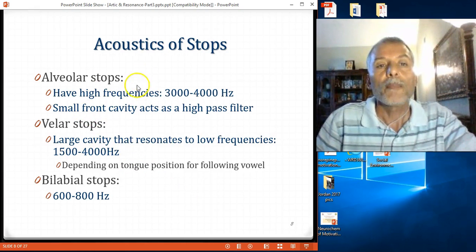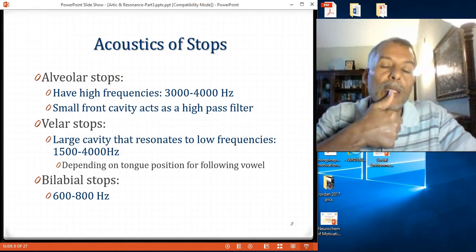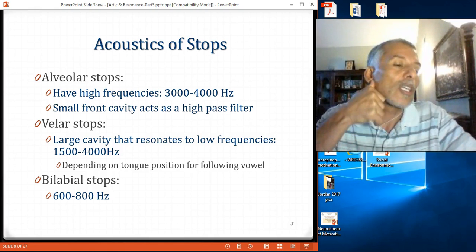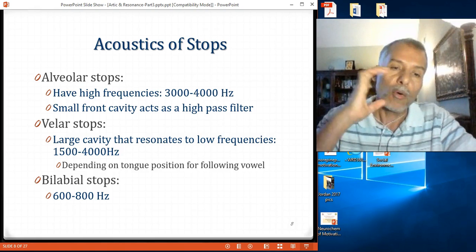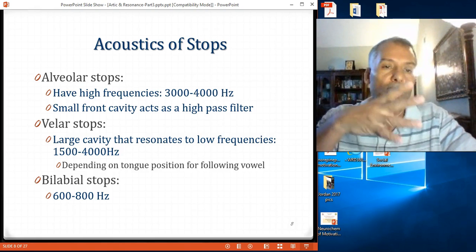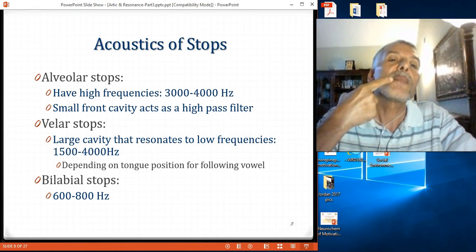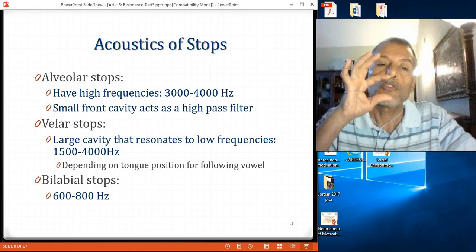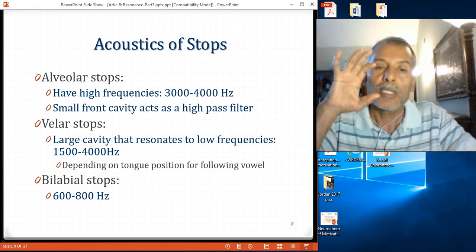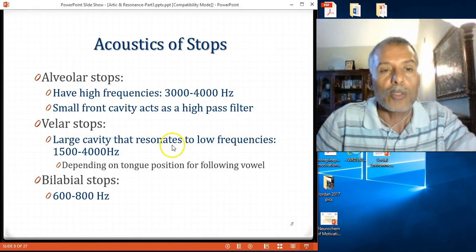But for alveolar stops, when you say the bilabial, you make a big tube and there's a lot of air pressure, which is different. With alveolar stops, you have the space from the alveolar ridge to the lips, and that is quite limited. So it makes the frequencies about 3,000 to 4,000.